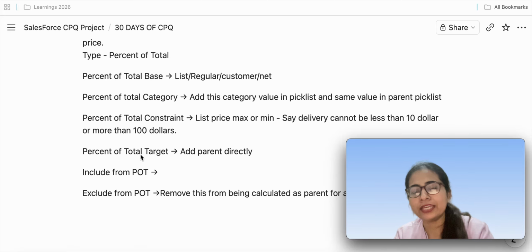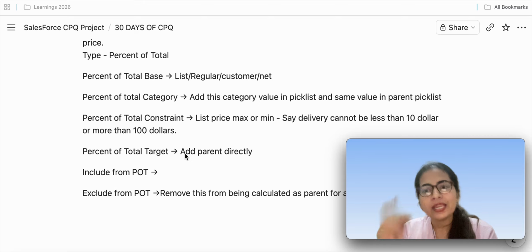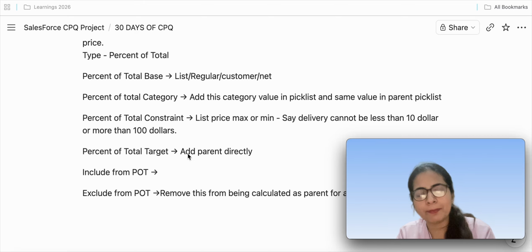Percent of total target is one of those fields where you can directly attach your product. In the quote line editor, when you add your delivery product and your car product, the delivery product's total target field will already contain the car product, so it will automatically get the calculation based on whatever product you add in the percent of total target.